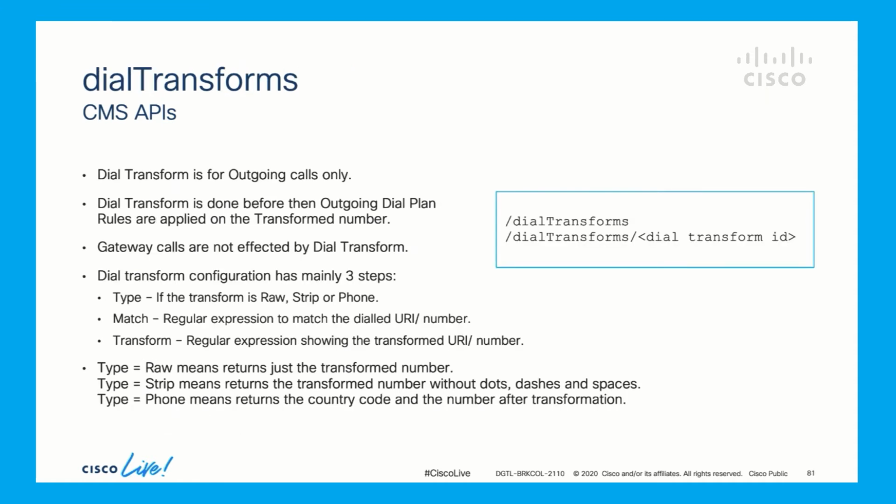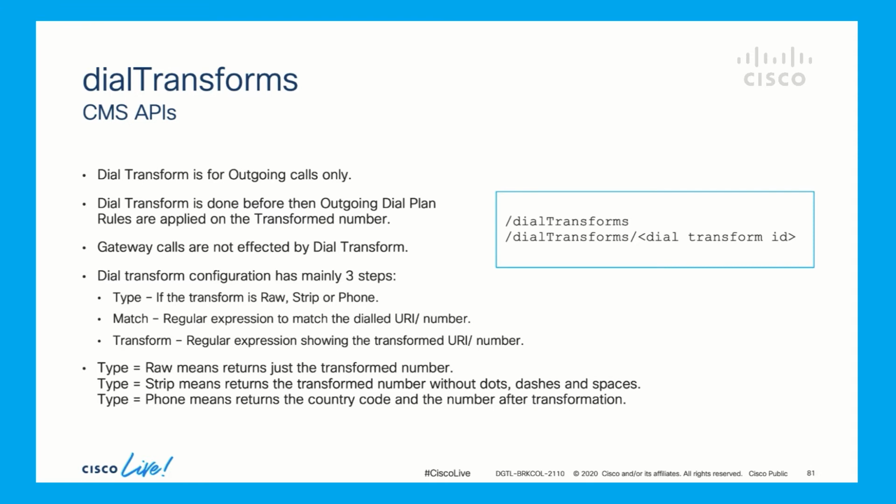Dial transforms are for the outgoing calls. These work with the outbound dial plan rules to complete the whole outbound routing. Transforms means the CMS server will modify the dialed URI and then match the outbound dial plan rules with the transformed URI.